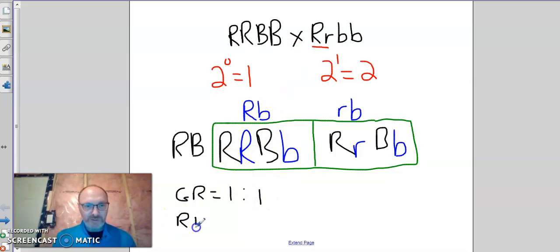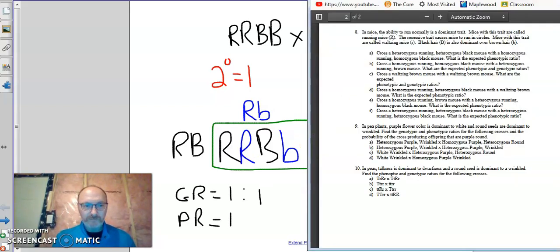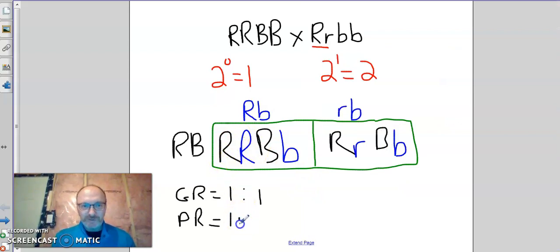What is the phenotypic ratio? This is what these organisms, or the children, will look like. That should be a P, PR. So what's the appearance of this organism here? If we go back to the question, you'll notice again that running is dominant and black is dominant. So we have to use that to interpret the information. This individual here is running because it has a dominant trait.